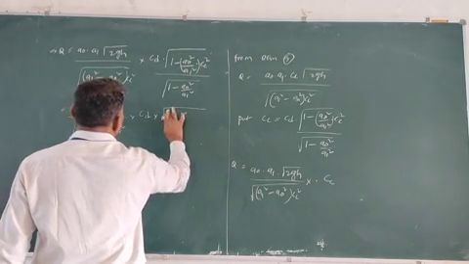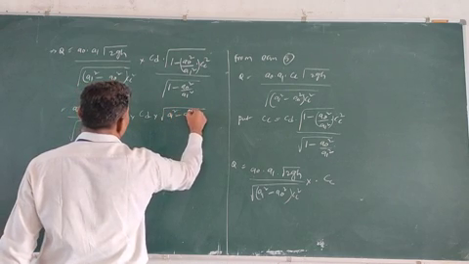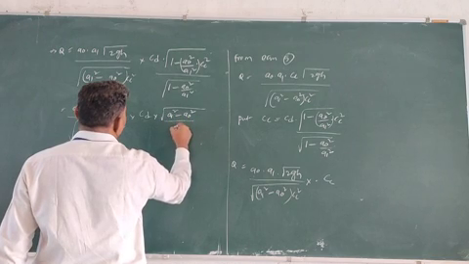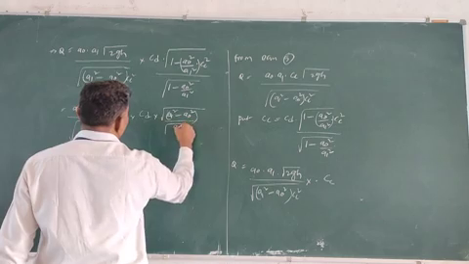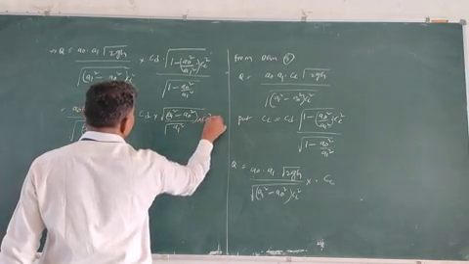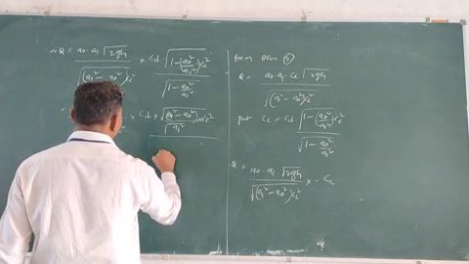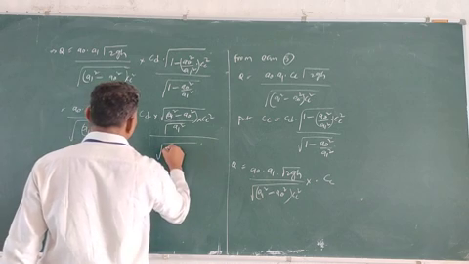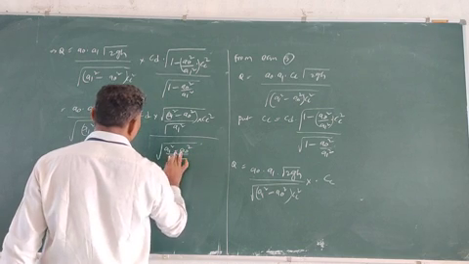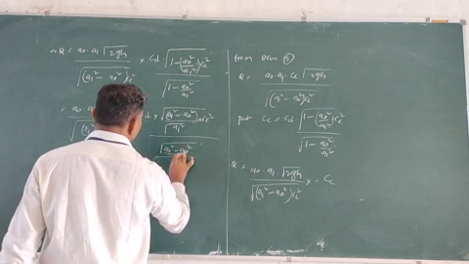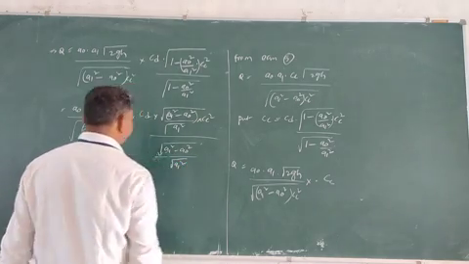1 minus A1 square minus A0 square by A1 square into Cc square divided by A1 square minus A0 square by A1 square.